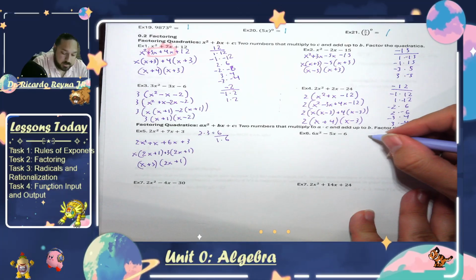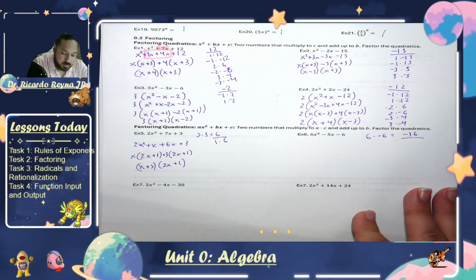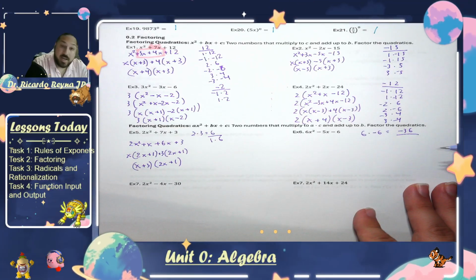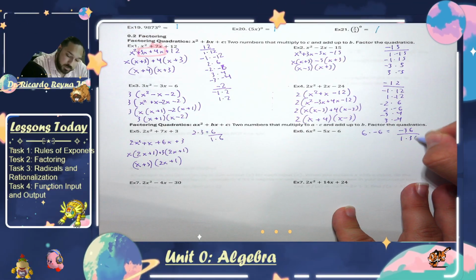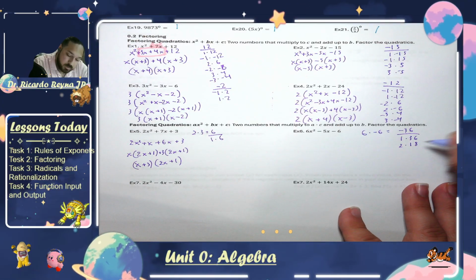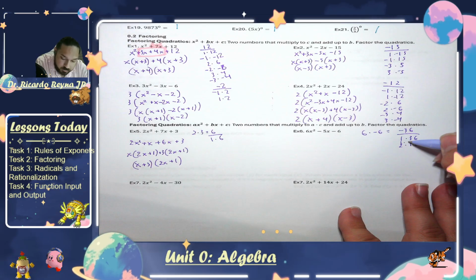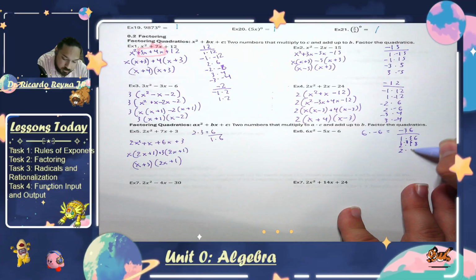Over here, we got 6 times negative 6, which is negative 36. We need factors of that to add up to negative 5. We have 1 times 36, 2 times 18. Oh wait, I'm skipping the alternating signs. Excuse me.